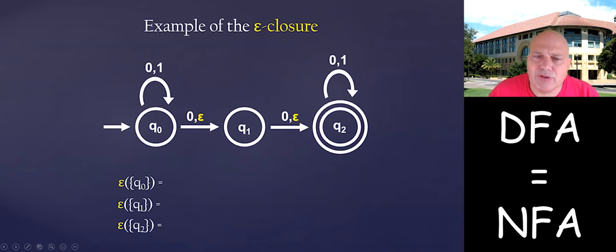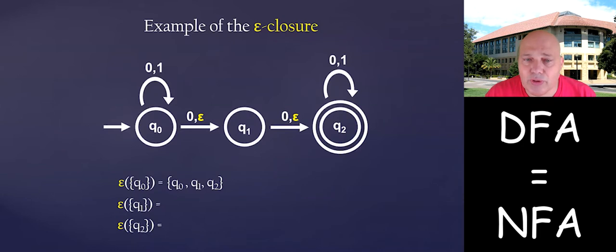So what's the epsilon closure of Q0? Well, from Q0, you can reach itself taking 0 epsilon transitions, but we see here an epsilon transition, so you can also reach Q1. And Q1 also has an epsilon transition to Q2. So in fact, from Q0, you can reach all the states with epsilon transitions.